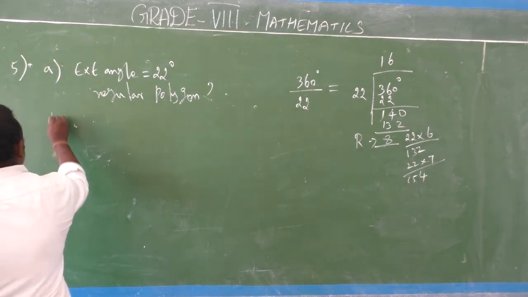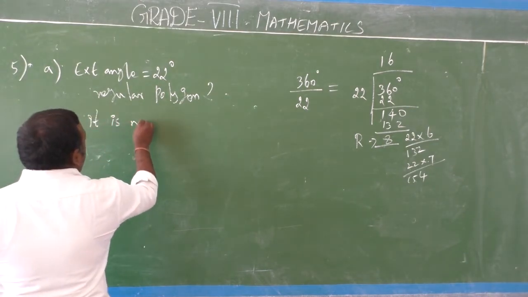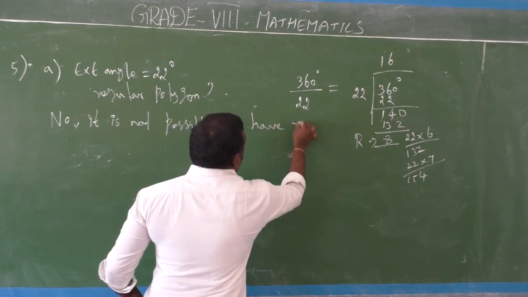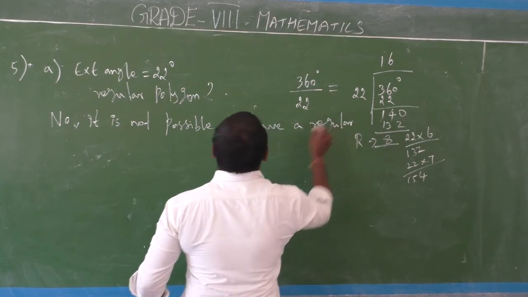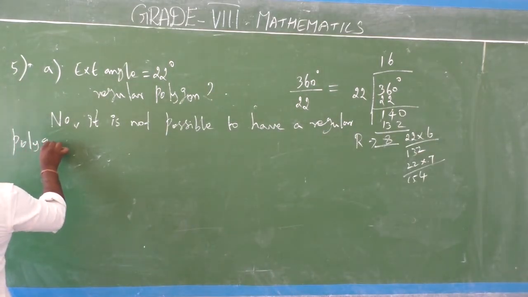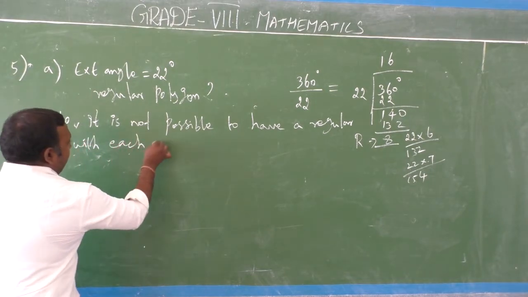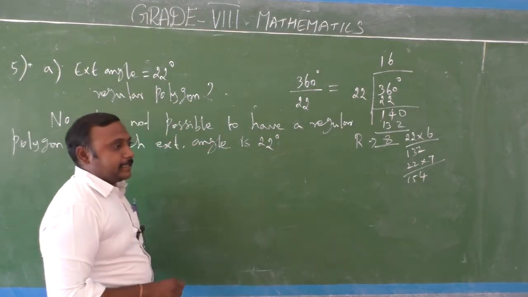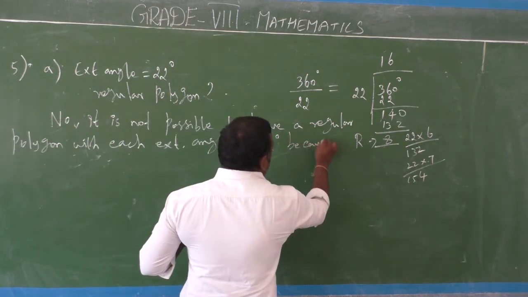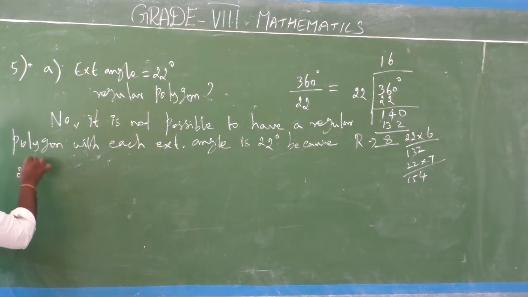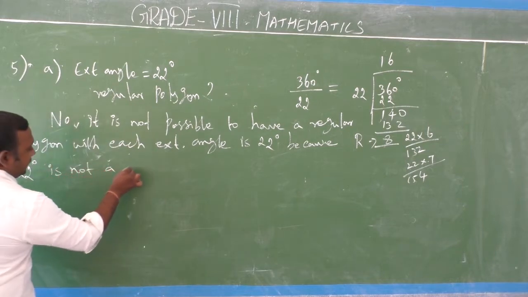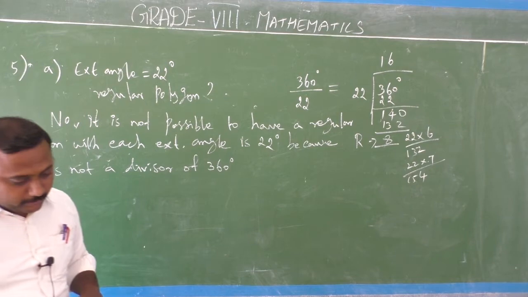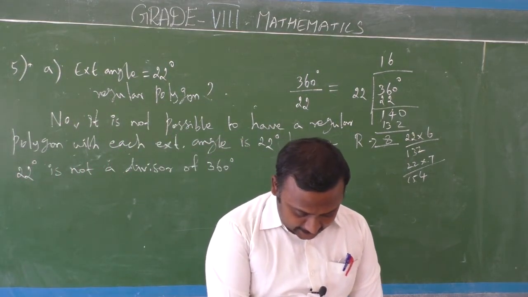No, the answer is no. It is not possible to have a regular polygon with each exterior angle 22 degrees, because 22 is not a divisor of 360 degrees.